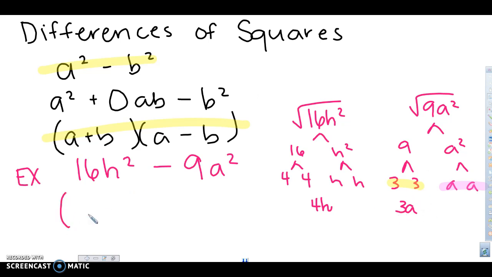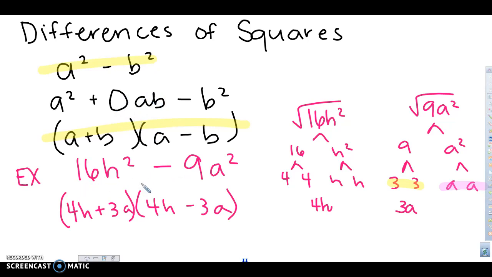So now I can go ahead and plug that in to here. So I should have 4h plus 3a, 4h minus 3a. Okay. And I could do this all without the difference of squares rule. It's just going to take me a lot longer because I'm going to rewrite it with that 0ab term in the middle, and then do my factor sum tables.